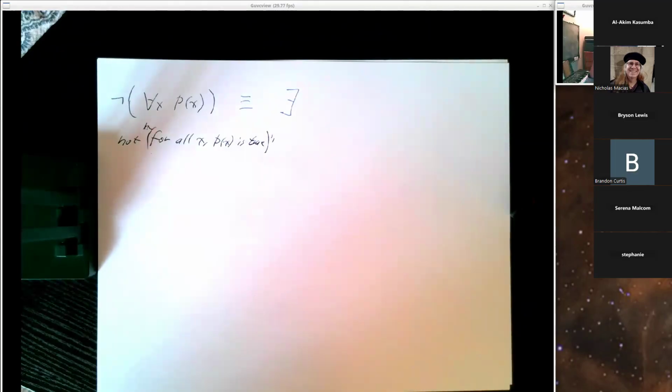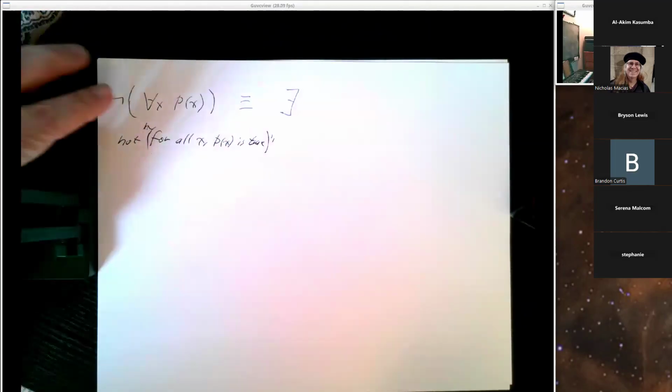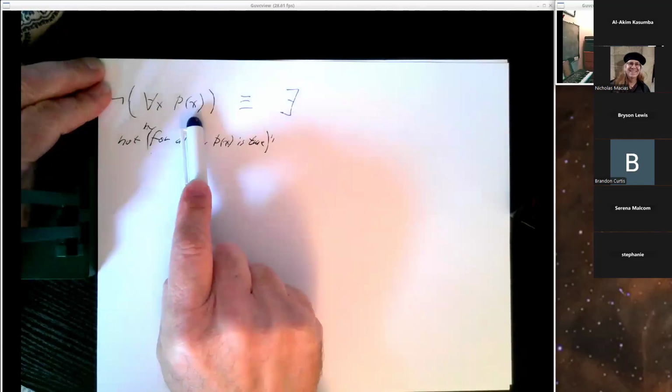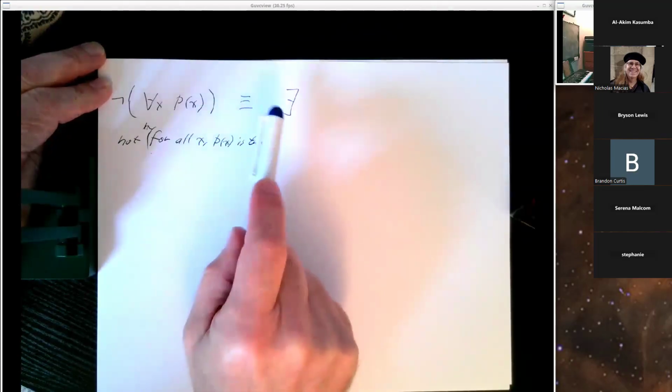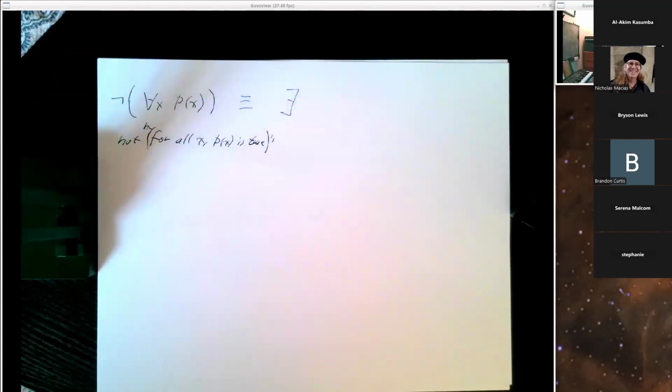So think about this. This says P is always true. This says P is not always true. How can I phrase that in terms of an existential quantifier?